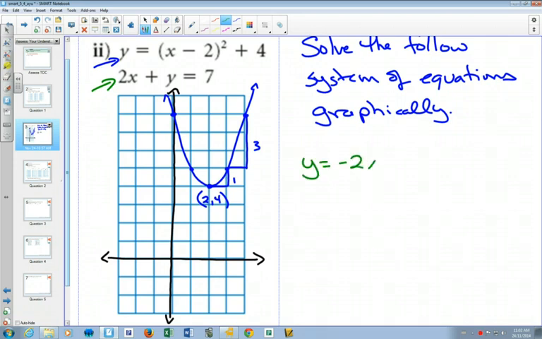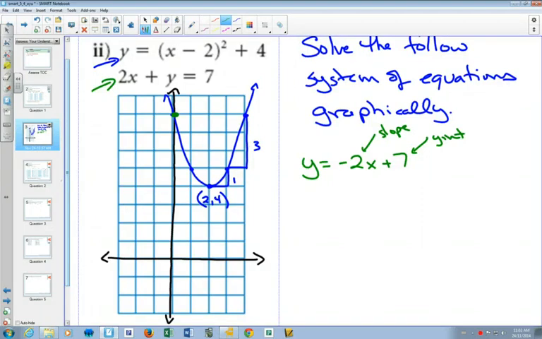First thing I'm going to do is rearrange my equation so that it's in y equals mx plus b form, because then I know my y-intercept and I know my slope. So when graphing a line, you can start with your y-intercept.